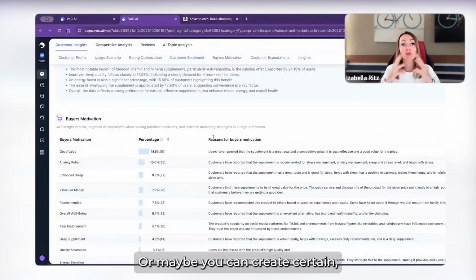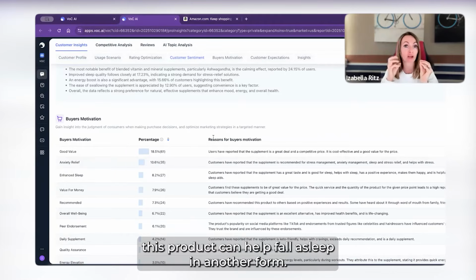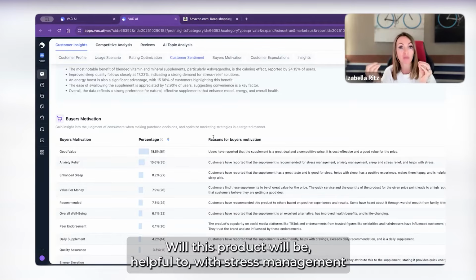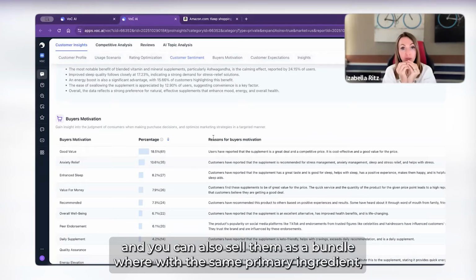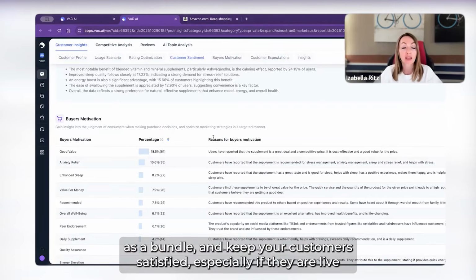Or maybe you can create a certain line of products with the primary ingredient where in one formula, this product can help fall asleep. In another formula, this product will be helpful with stress management. And you can also sell them as a bundle, with the same primary ingredient but different formulas, this product can go as a package, as a bundle, and keep your customers satisfied, especially if they're living a very stressful life.